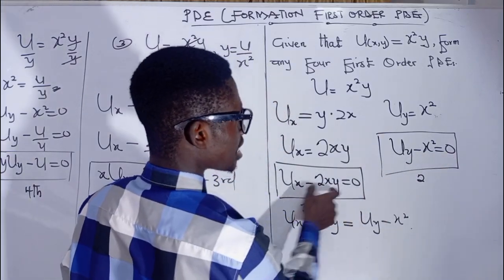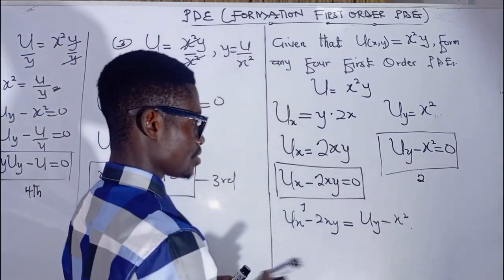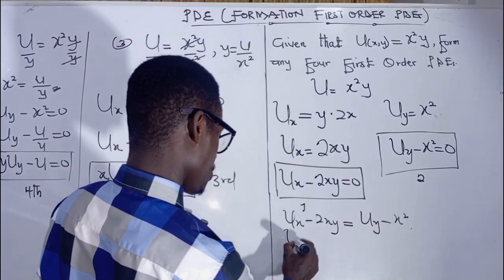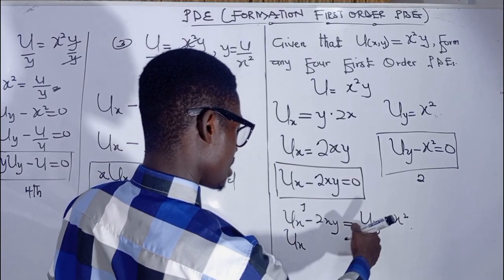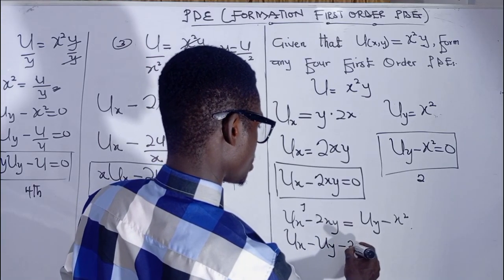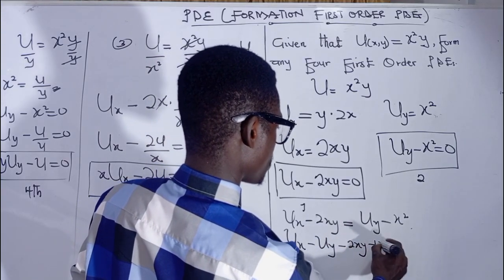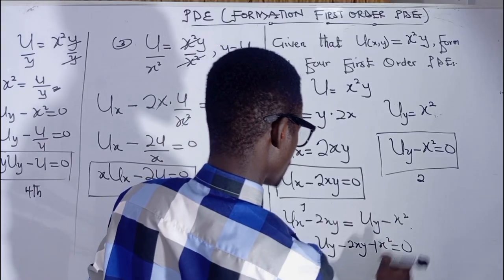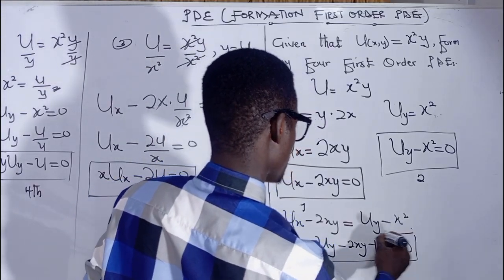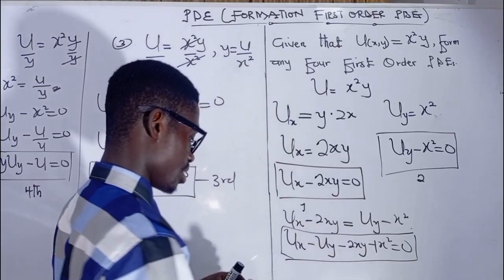So it means that this is equal to that. Now once we have this, we can decide to bring all of this to the left hand side. So we have u_x - u_y - 2xy + s² = 0.